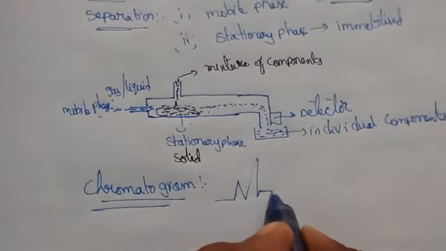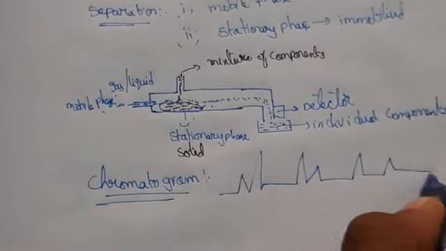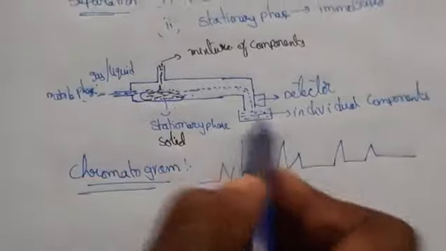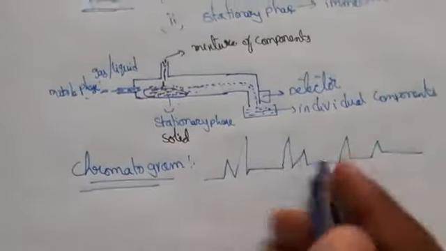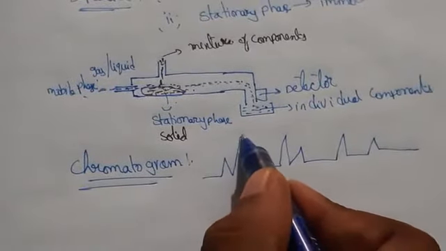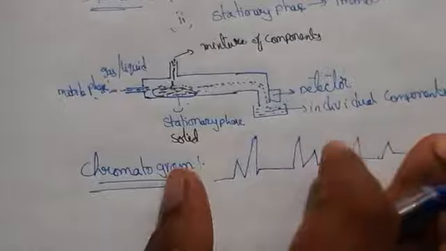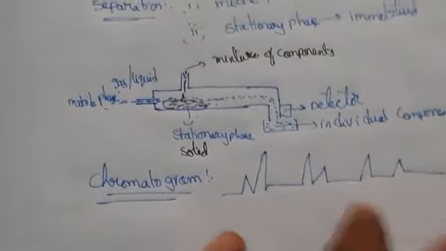Whenever the solution is passing like this, the detector will show peaks like this, meaning the separation of the individual peaks is shown in the chromatogram.